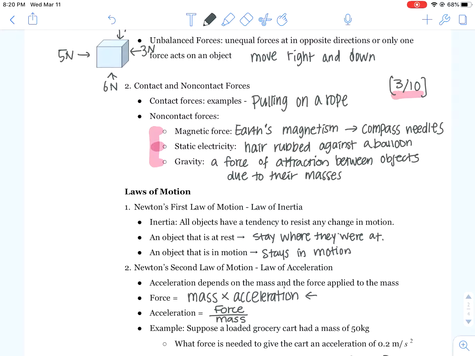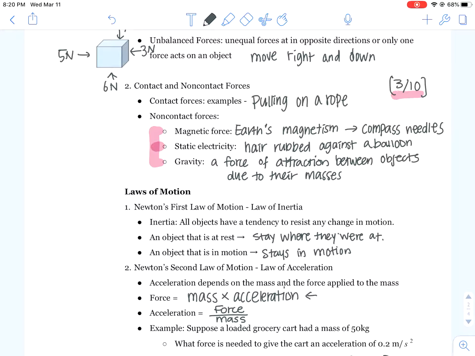Right now, they were doing mass times acceleration. So in order to undo it or do the inverse operation, you would want to divide by the mass. So you divide both sides by mass and you get rid of the mass on the right side. And you are left with acceleration, which is going to be by itself, equals force divided by mass.